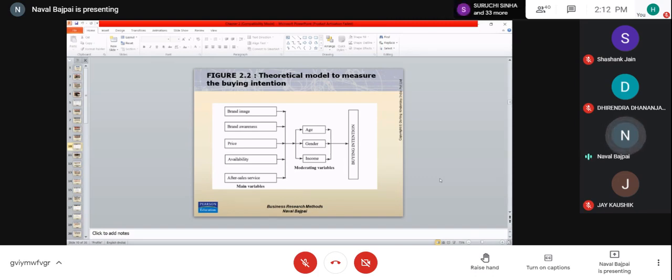In sum total, I would be asking 25 questions on a Likert rating scale. We need to understand that this Likert scale is a 1 to 5 rating scale, so the minimum score a candidate can secure would be 25, and the maximum score would be 125.